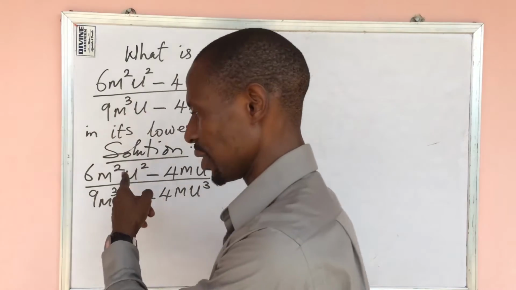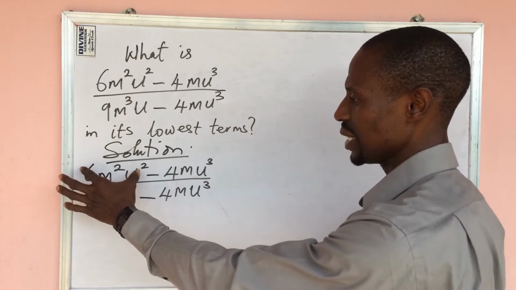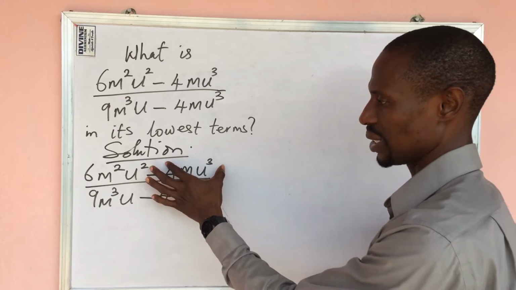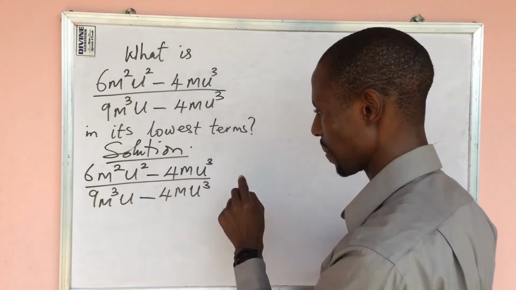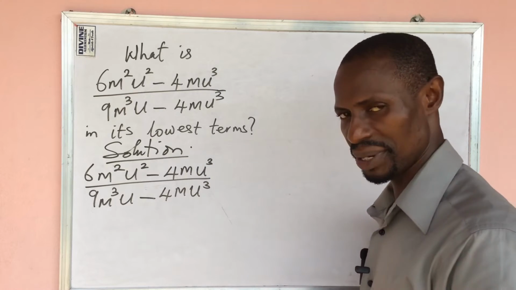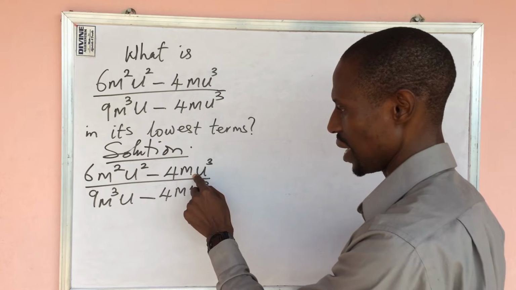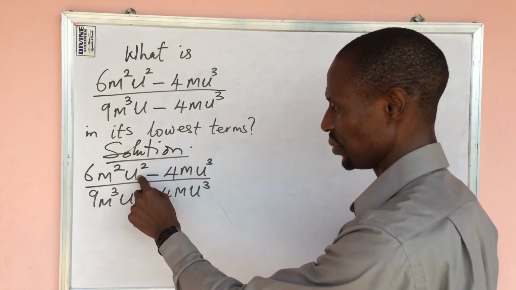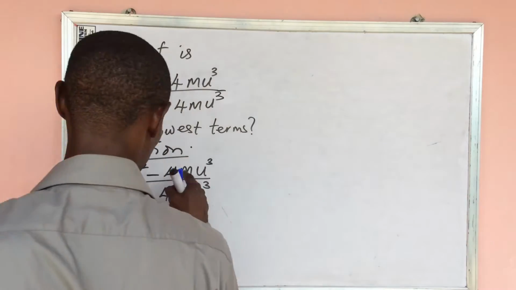Now, from the numerator, we look out for the terms that are common to this part and this part. We discover that 2 can go into 6 without remainder, and 2 can equally go into 4 without remainder. Here we have m, and here we also have m. Here we have u, here we have u. So we factorize the terms that are common here.